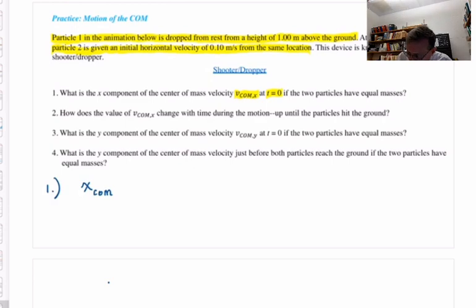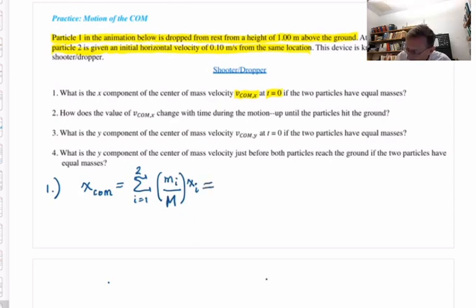So the formula says to do the sum, index i going from 1 to n, which is 2: take the mass of each particle over the total mass times the x-coordinate of each particle. That's easy to write out if you really only have two particles.